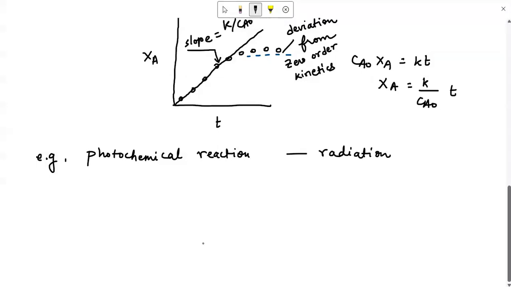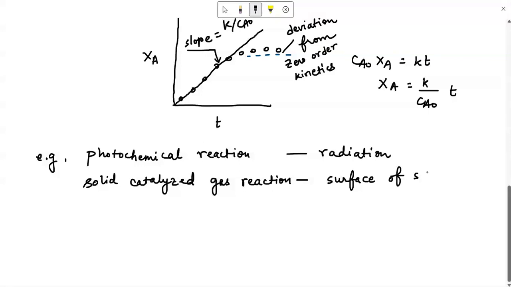Another example is a solid catalyzed gas reaction. Here the main component is the surface of solid available for reaction.